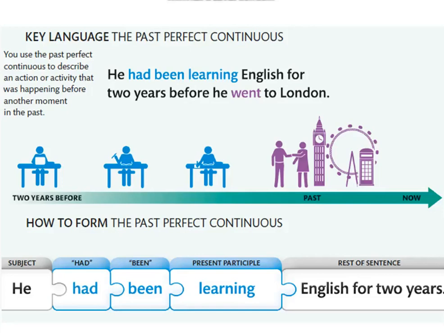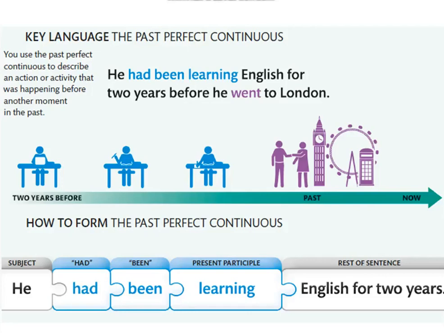How to form the past perfect continuous? Of course, we need the subject first. We have here he, and then had with all subjects, no difference, plus been with all subjects also. The only thing we change here is the present participle, meaning the verb in the ing form, like learning English for 2 years, plus of course the rest of the sentence.